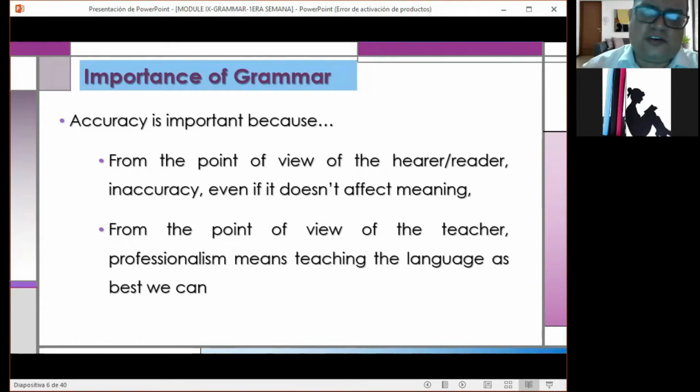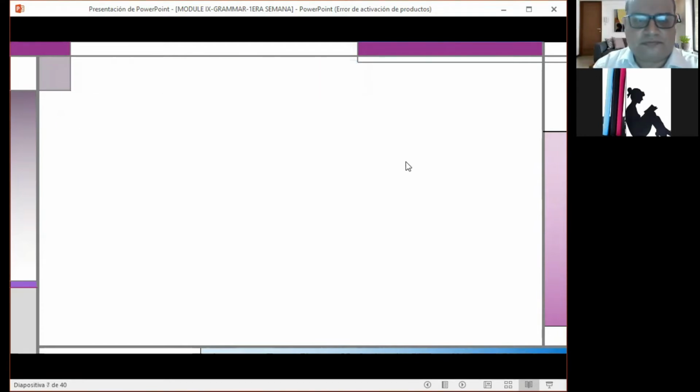But it doesn't mean that you're going to accept every mistake they have. No, it's impossible, because they would have mistakes from all the period of the learning process. So we need to correct. And as I told you before, we call this the prescriptive grammar. Remember? All right, let's continue with the next slide.